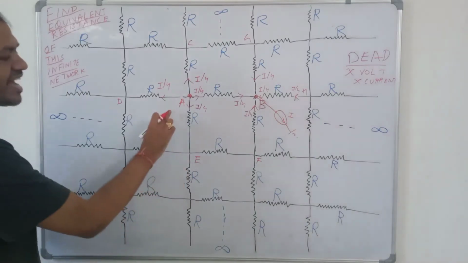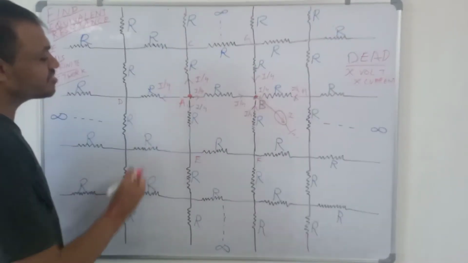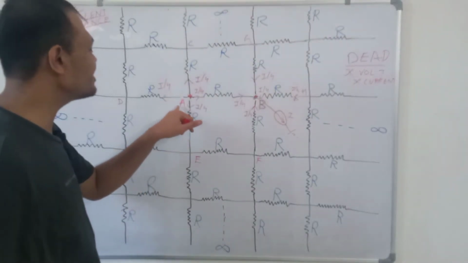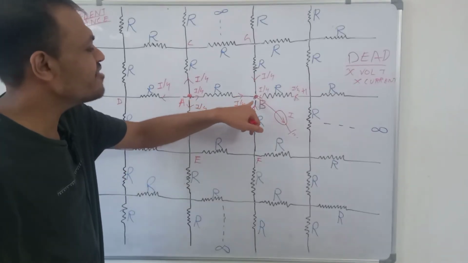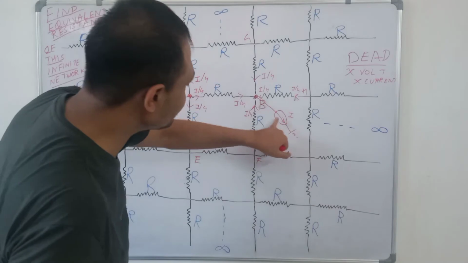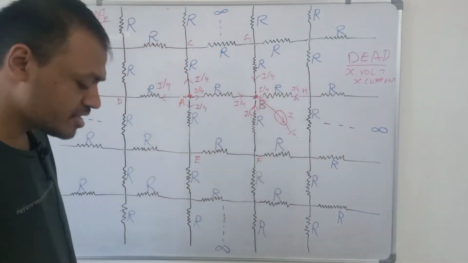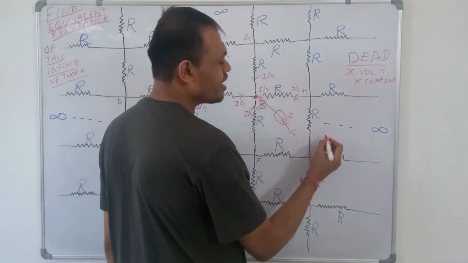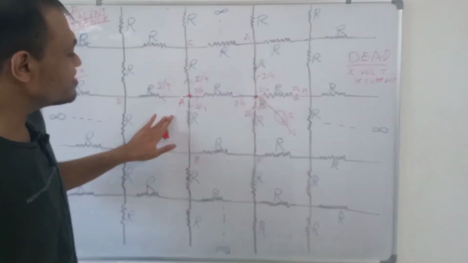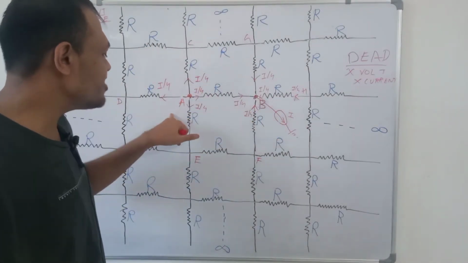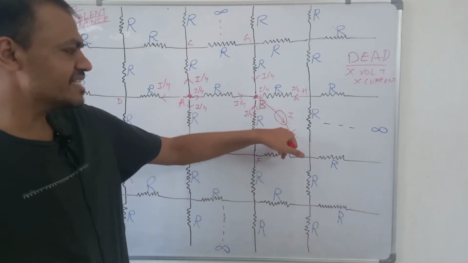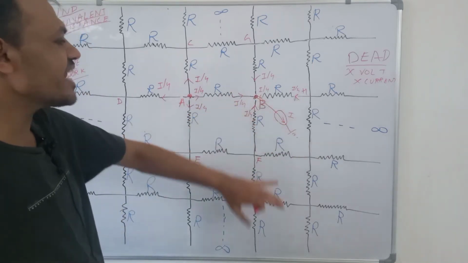So now when we applied current source I at point A, the current flowing was I by 4, and when we applied current source at point B, the current was I by 4. So total current due to superposition: first we applied this current source, the current was I by 4, then we removed it and applied the current source at point B, the current was again I by 4.